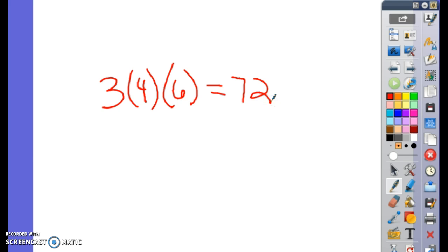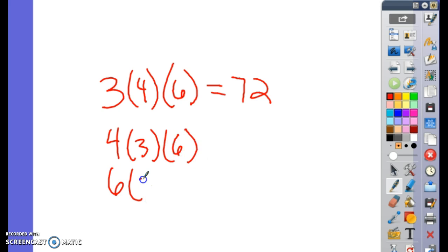You could write 4 times 3 times 6, or you could do 6 times 3 times 4, and you will still get 72 as your answer. Next we have number 14.